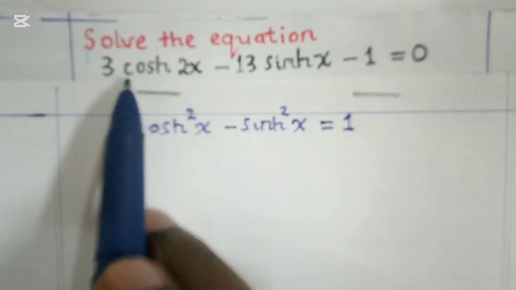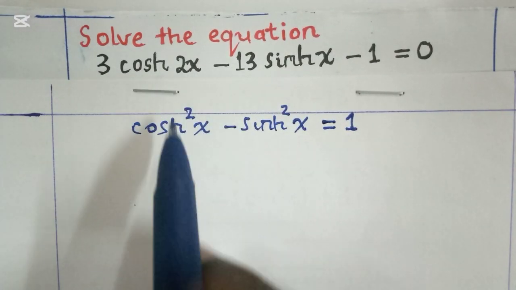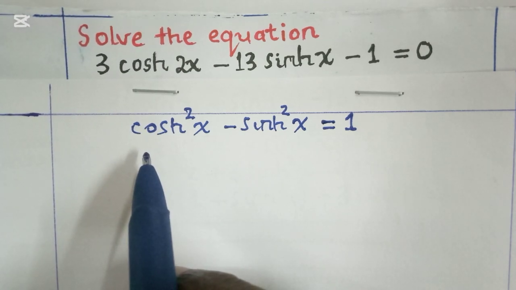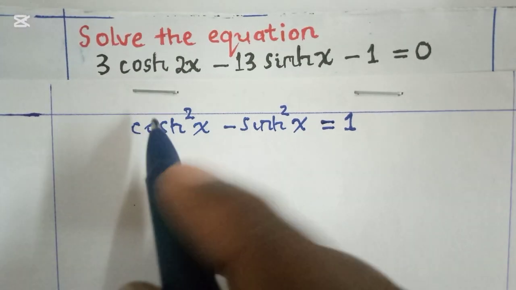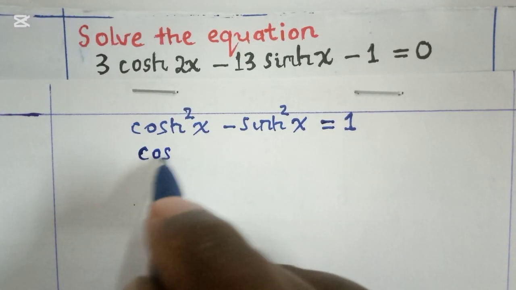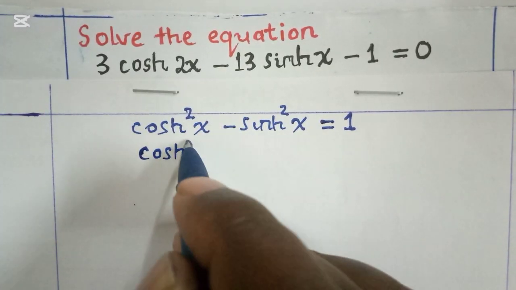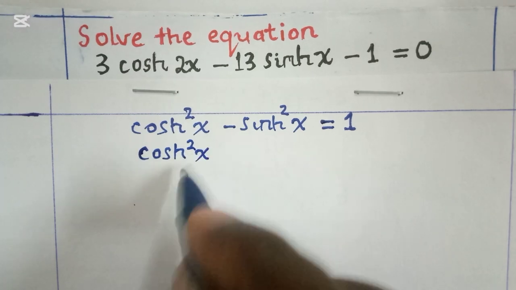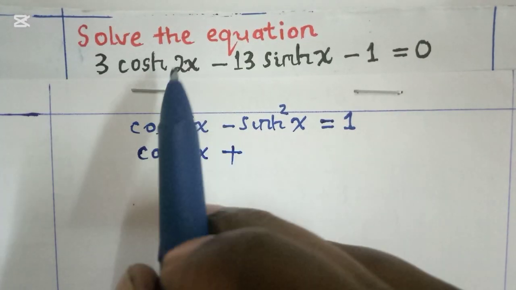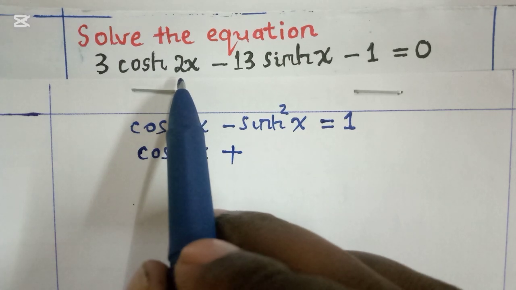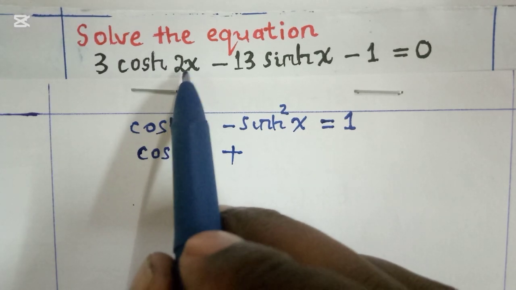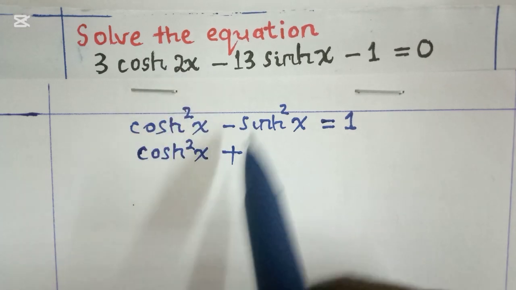Guys, we can also write this cosh 2x in terms of a hyperbolic identity. This one shall be cosh squared x plus sinh squared x. So when this 2x means x plus x, for hyperbolic functions we don't change the sign for cosh when we are expanding.